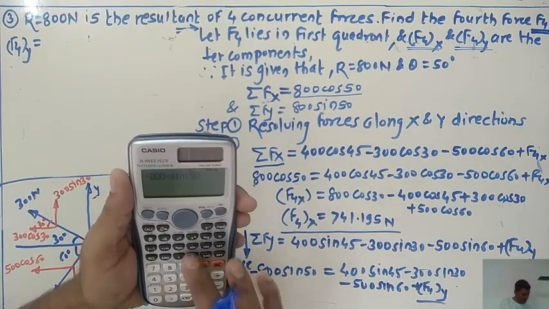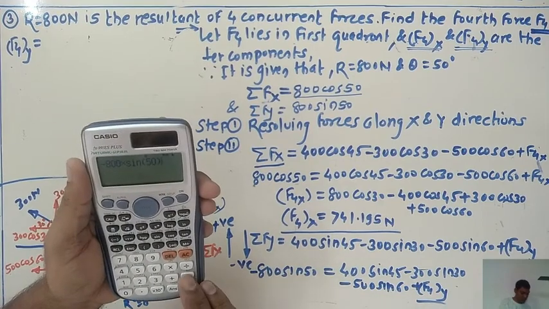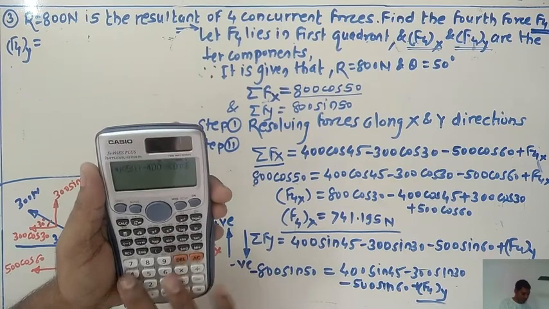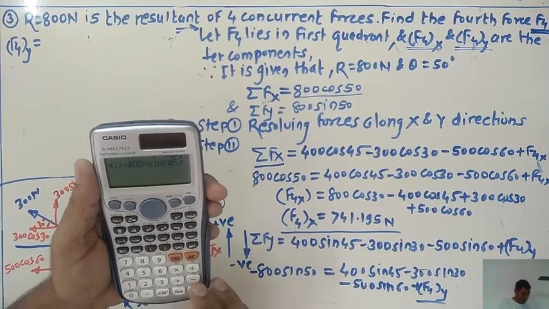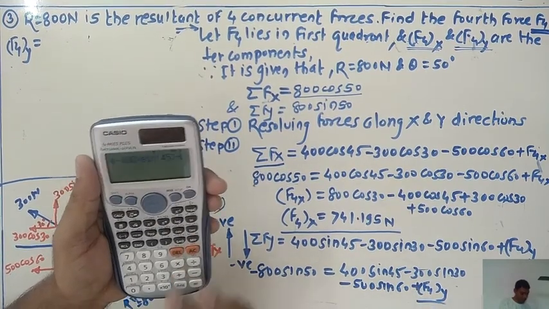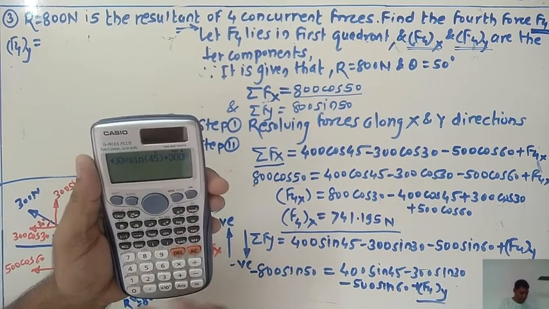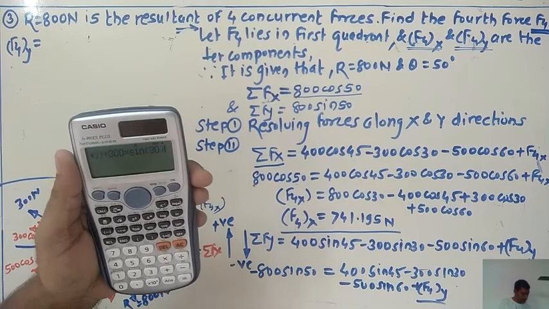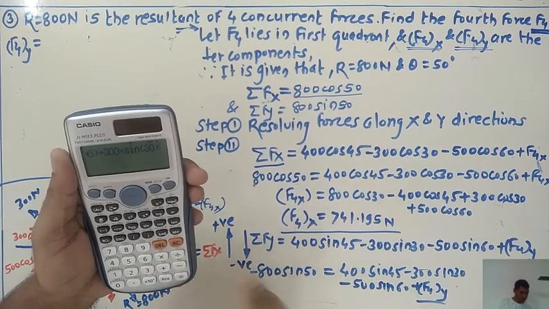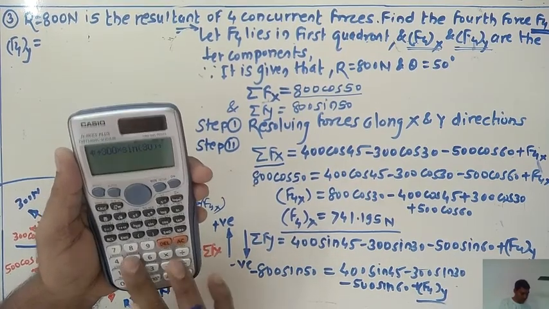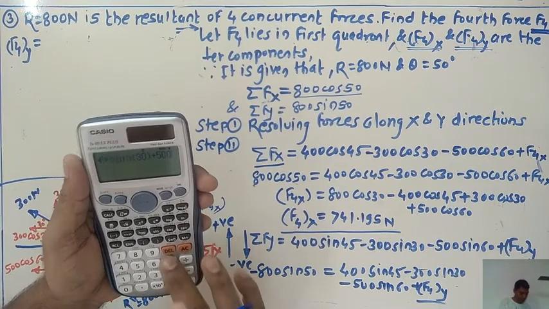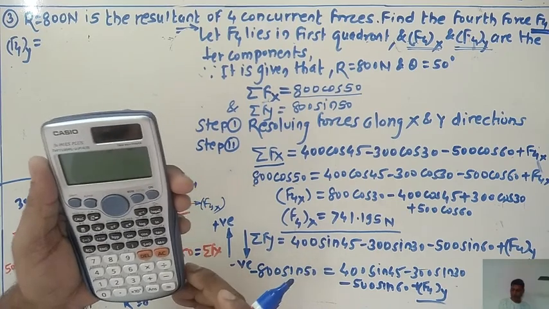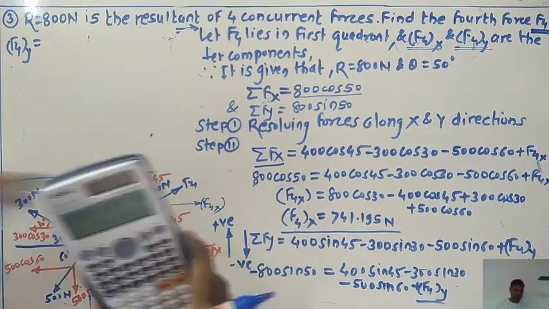If I take this one to the other side, then the minus sign will come for 400 multiplied by sine of 45, then this minus becomes plus. Plus 300 sine of 30 degree. Then the next one, if I take it to the other side, becomes plus 500 sine of 60.